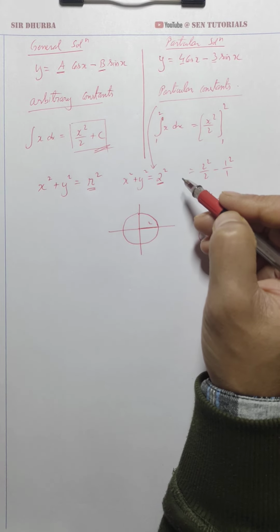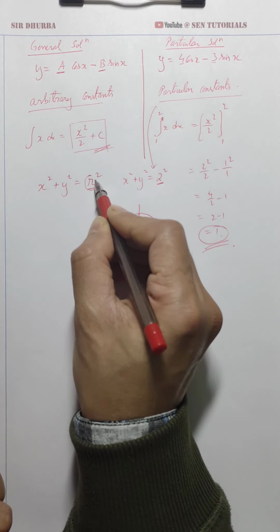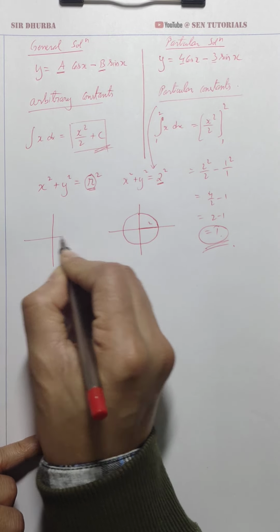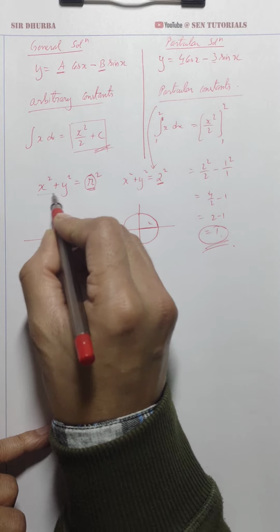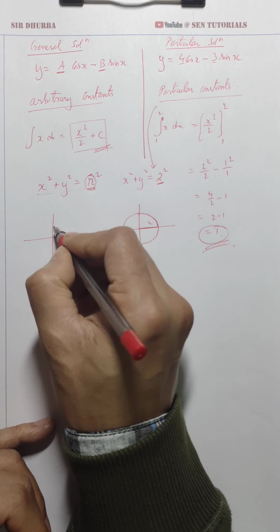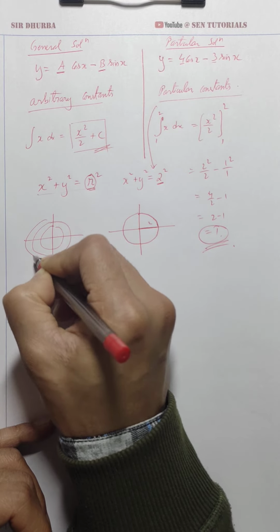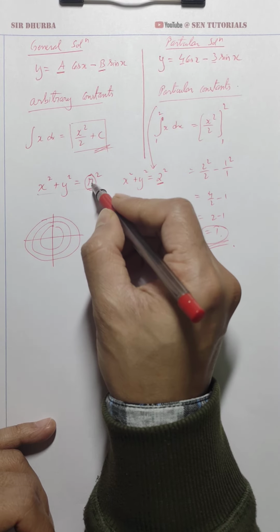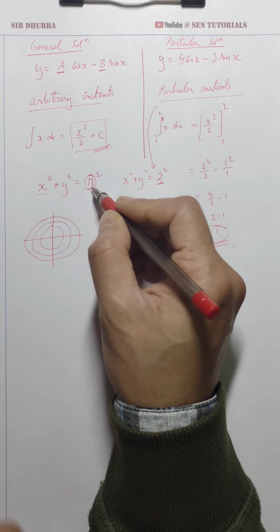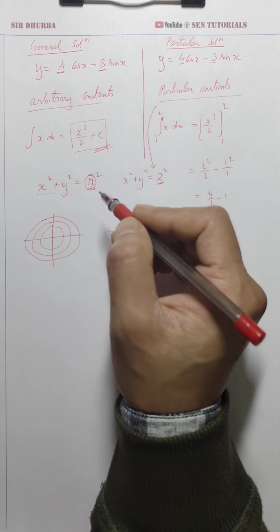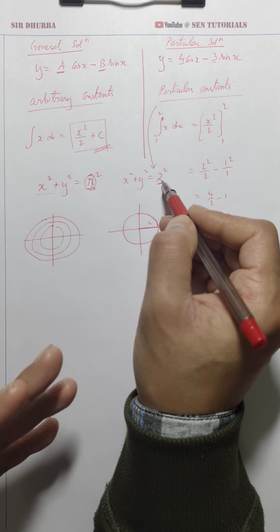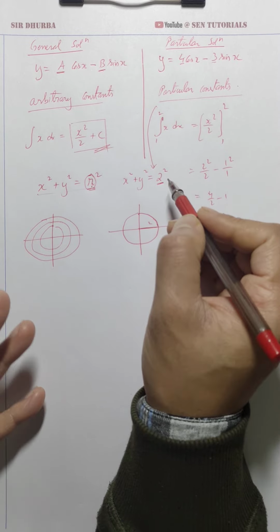Otherwise, r can take any value, so this represents a circle whose radius can be anything depending on the value of r. It can be a circle with radius 1, 2, 3 units, 4.5 units, and so on. That is the only difference between arbitrary constants and specific or particular constants.